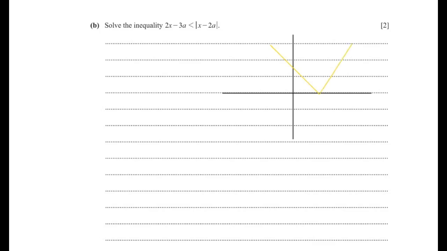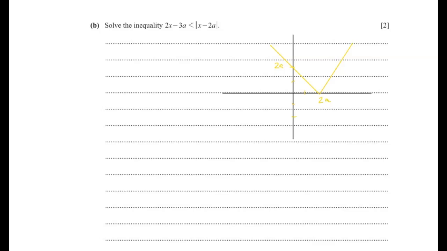Okay, this point was 2a, a is somewhere there. Okay, this was our graph of modulus of x minus 2a.